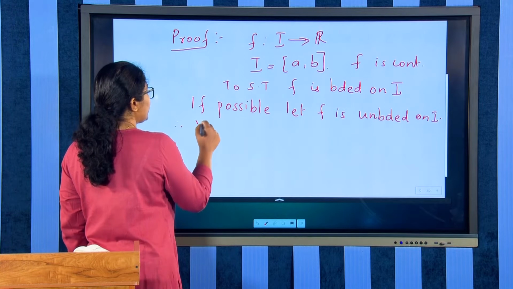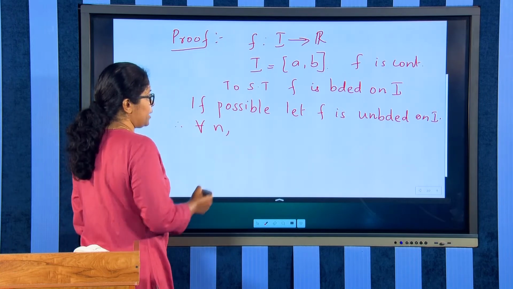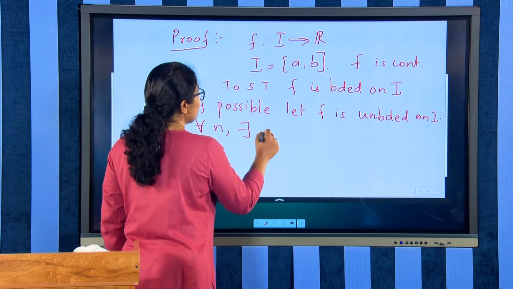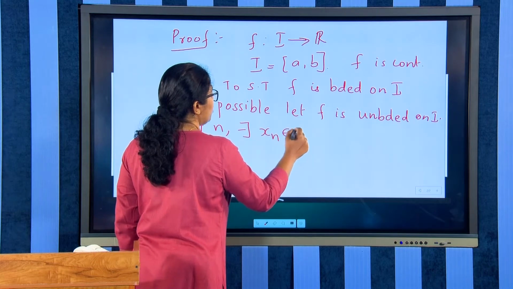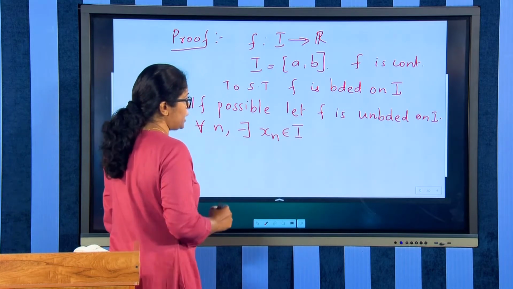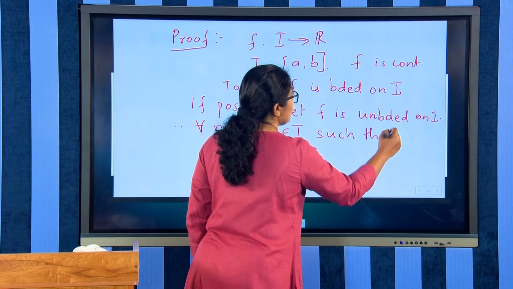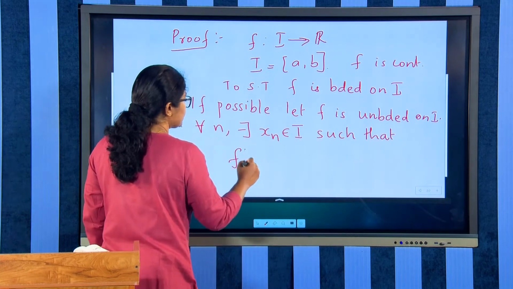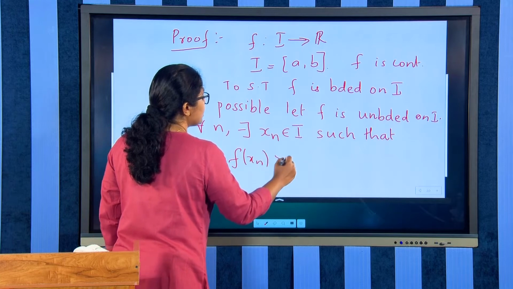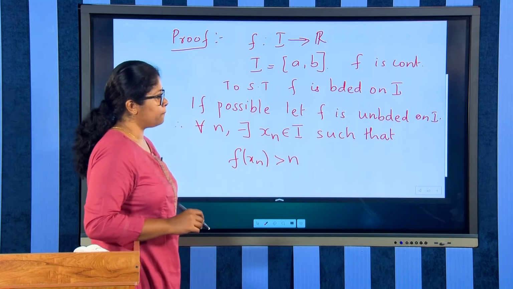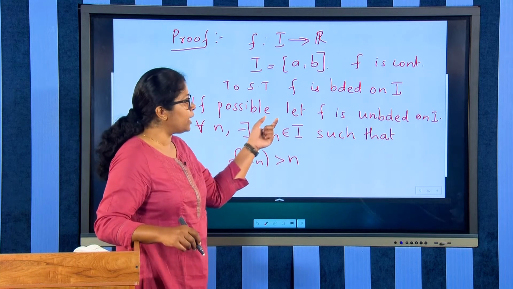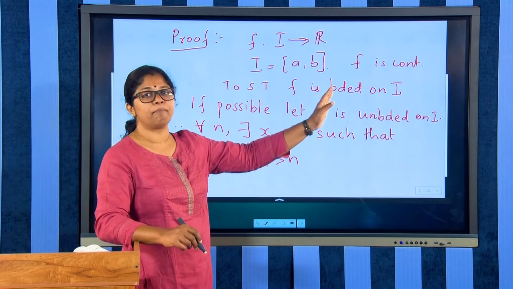Therefore, for every natural number n, there exists a value, say x_n, belonging to the interval I, such that f of x_n will be greater than n. Why? Because by assumption we have made f to be unbounded.